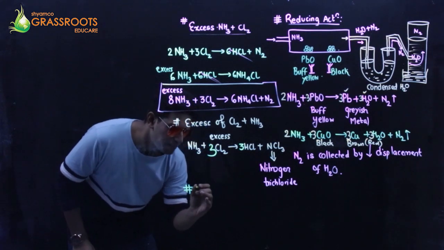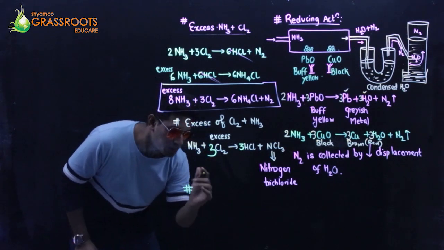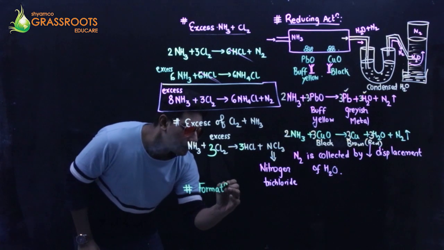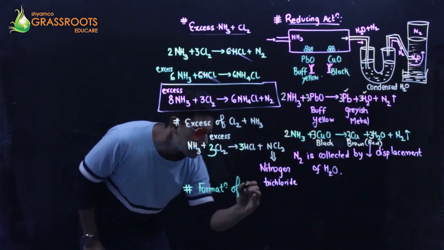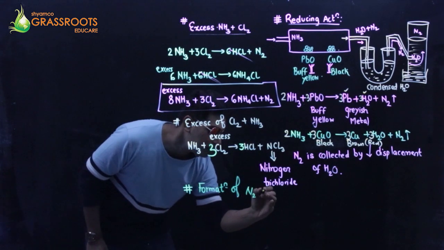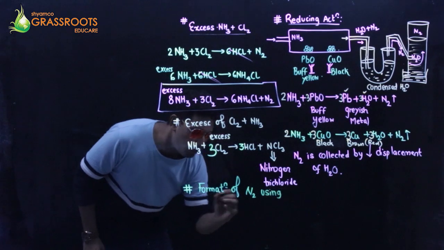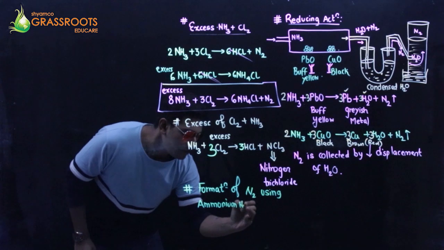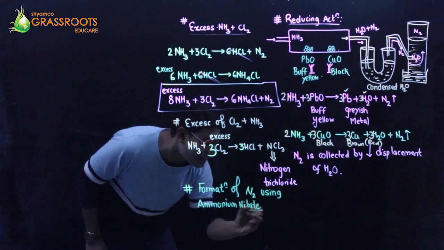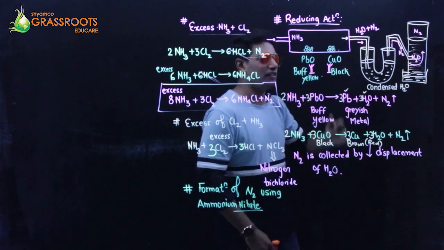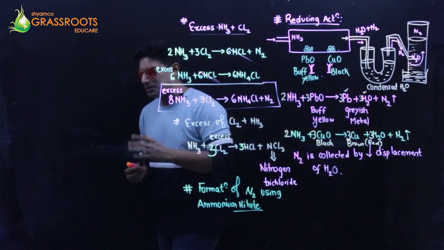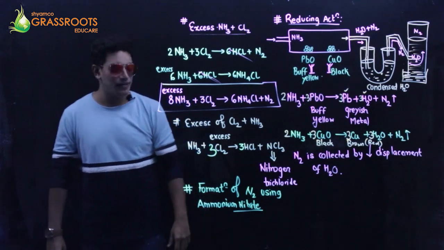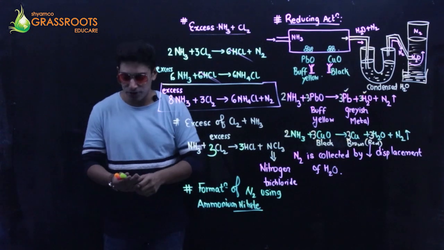Formation of nitrogen using ammonium nitrite, not nitrate, nitrite. This usually comes in the prelim papers of different schools which we make our kids solve, right? So it's a nice reaction.